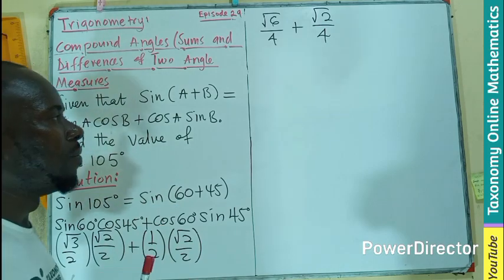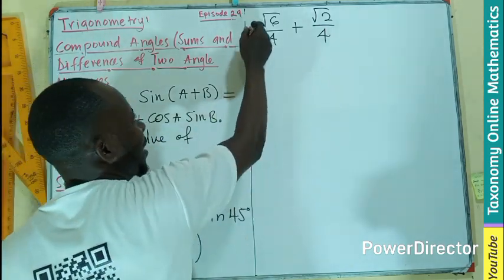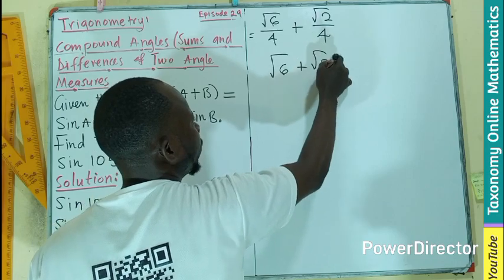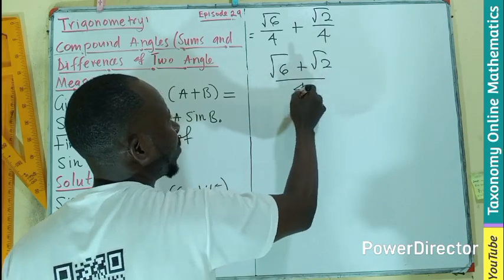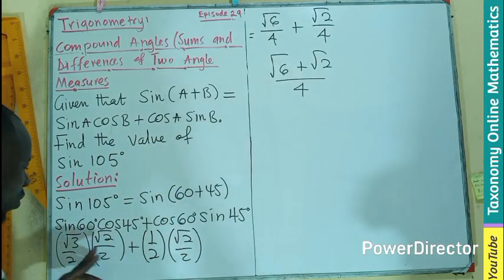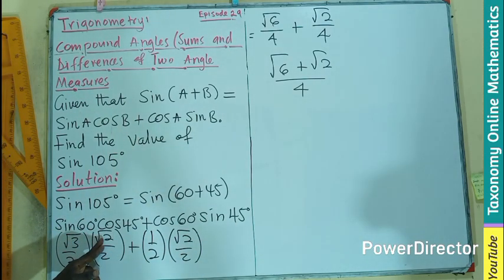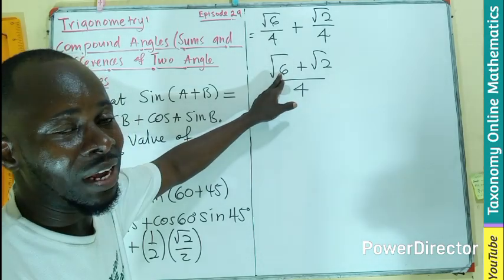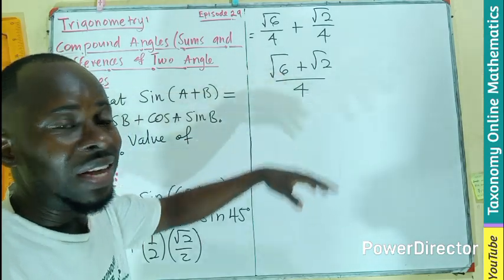Since I have the same denominator, I can add the numerators as root 6 plus root 2, all divided by 4. But if you look at this, right here it was root 3 times root 2, meaning within the root 6, there is a root 3 and a root 2. So we can factorize that out.